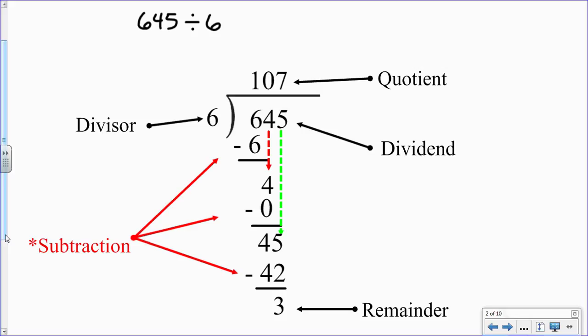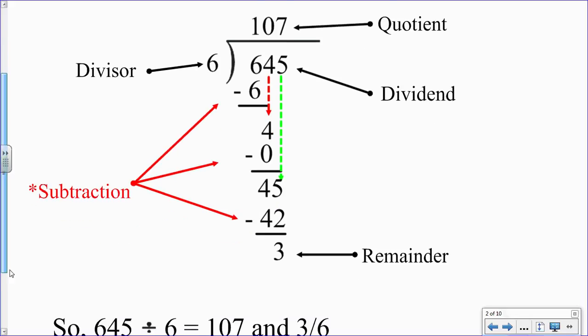How many 6s go into 45? 7. 7 times 6 is 42. Subtract down and you get 3. There's no other terms to carry down. So you're left with 3 as a remainder. Okay.